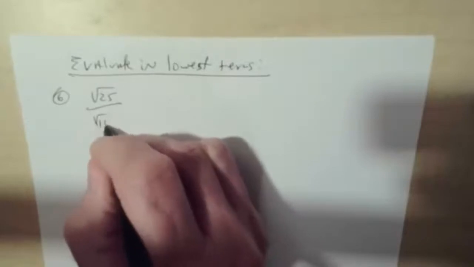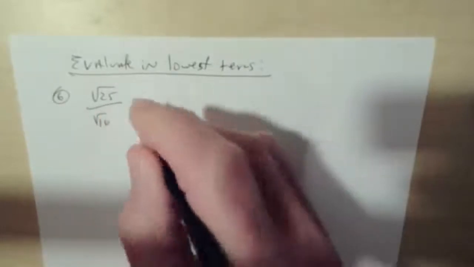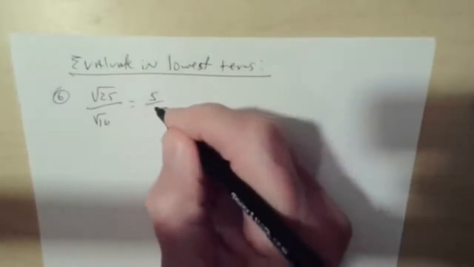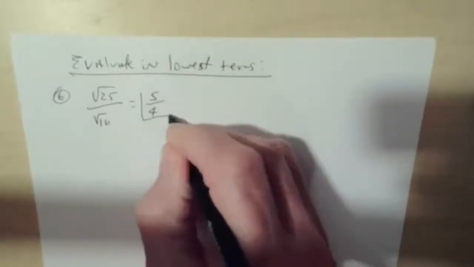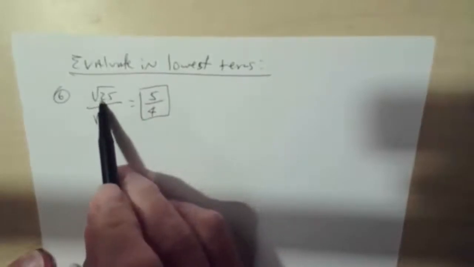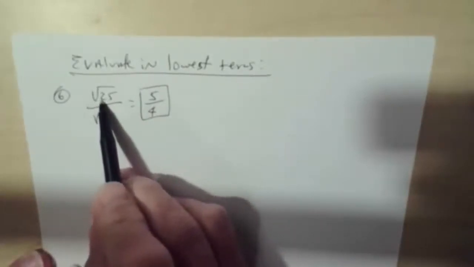Square root of 25 is, excuse me, actually plus or minus 5 over 4. Right, right. Remember, square root means what number times itself is 25? 5.